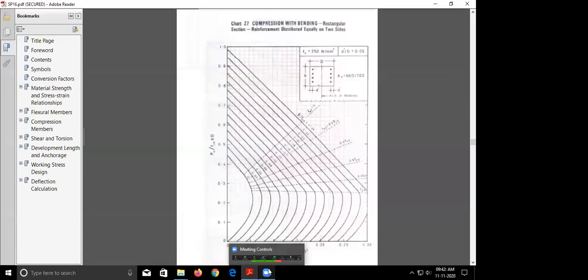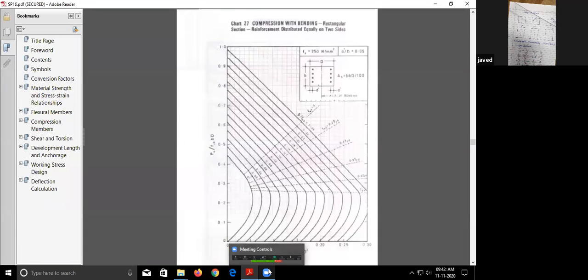First step is calculate d dash by d. Based on d dash by d and fy, select the chart. Simple, that is the first step. Clear?